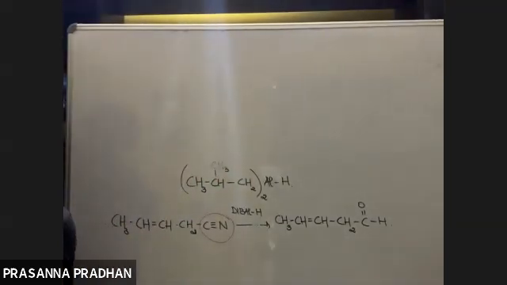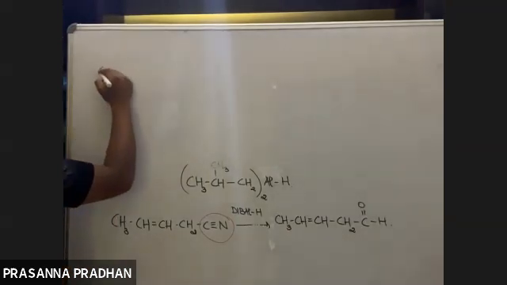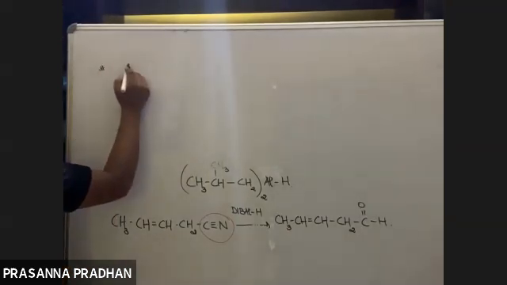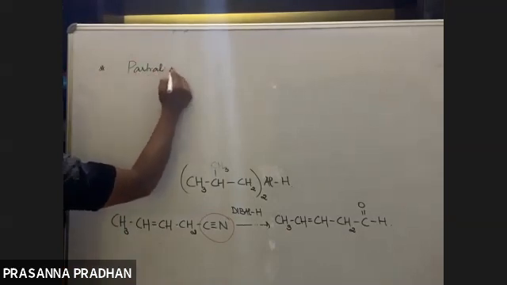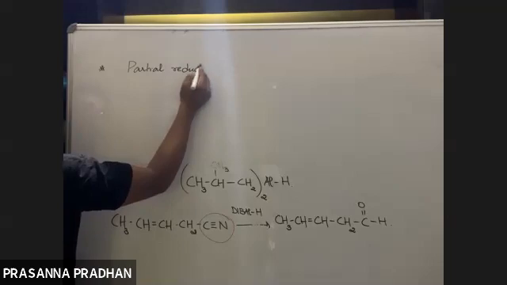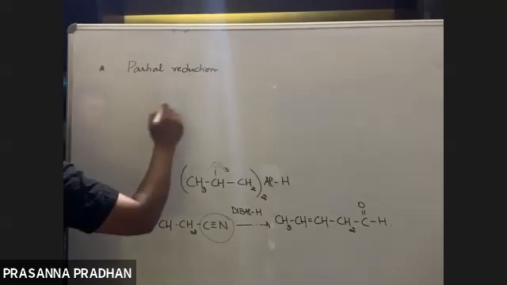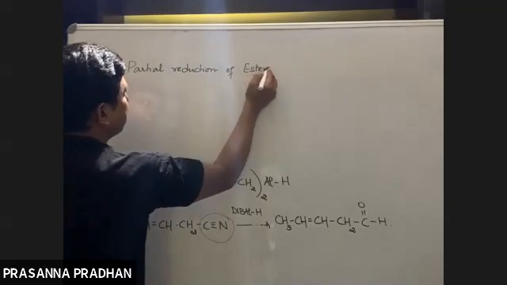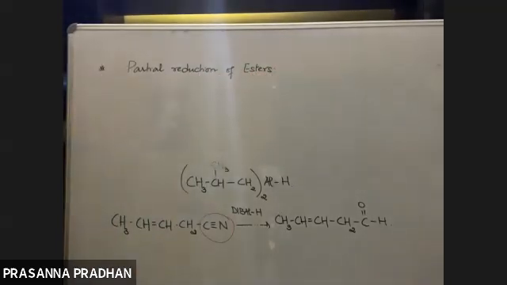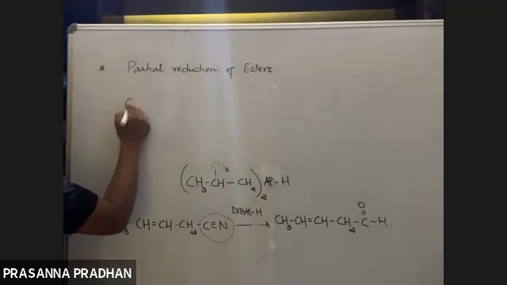So this diisobutyl aluminium hydride is used to carry out the partial reduction of esters. Partial reduction of esters. Okay, so esters are also reduced. I'm going to give you one ester, a long chain ester.